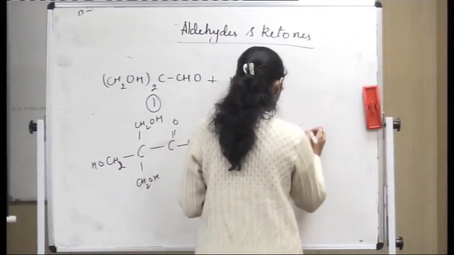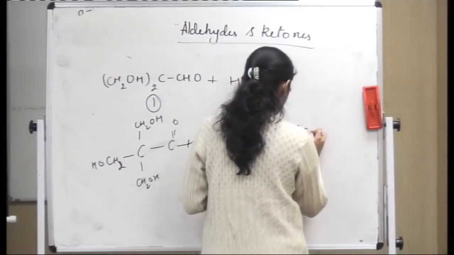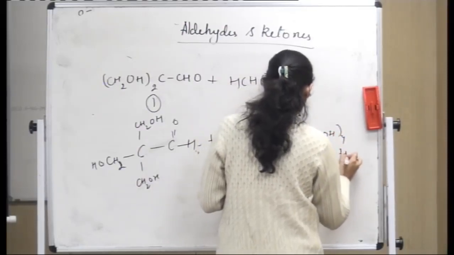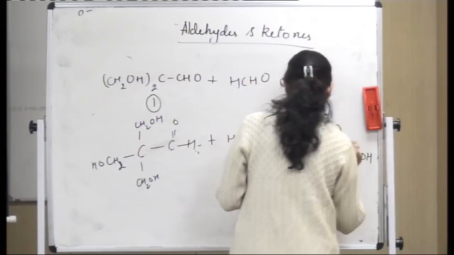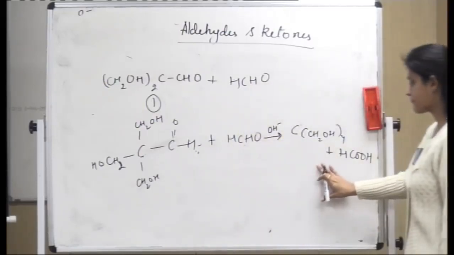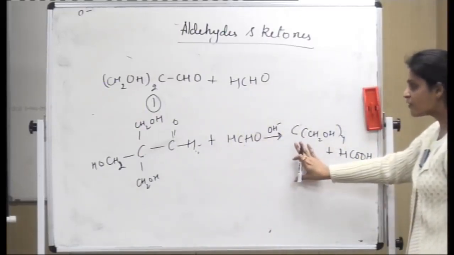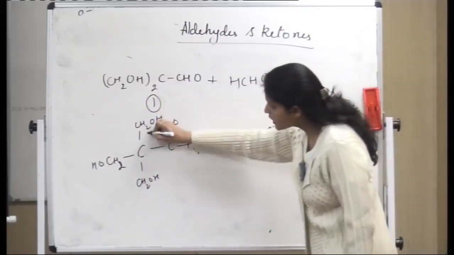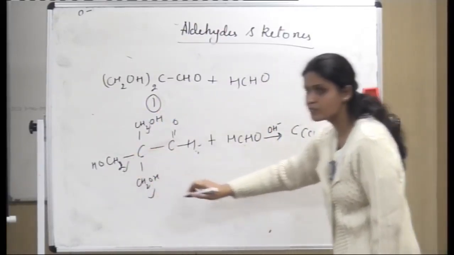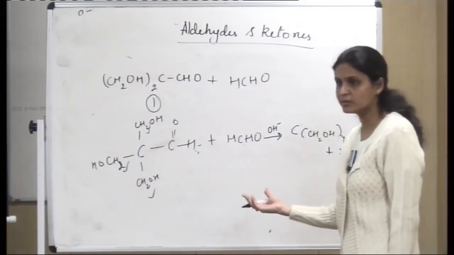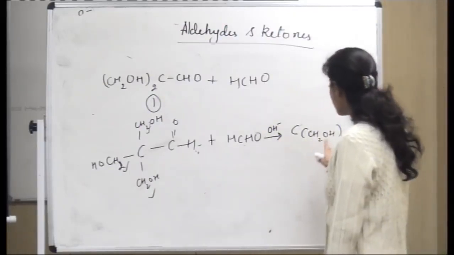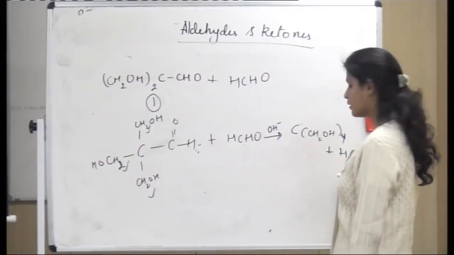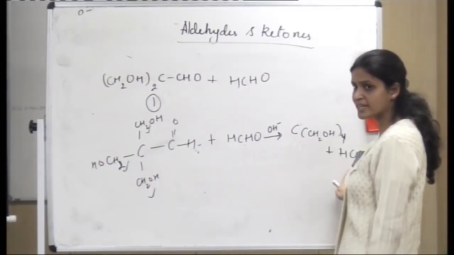It would be C(CH2OH)4 plus HCOOH. Why have I written this product? Because initially we had only 3 groups of methanol, right? But why have I written 4 groups of methanol now and 1 formic acid?